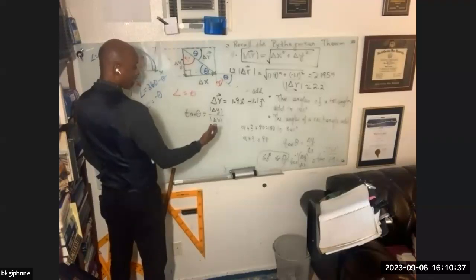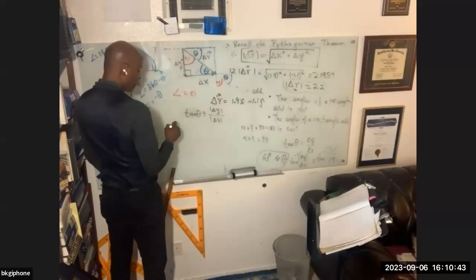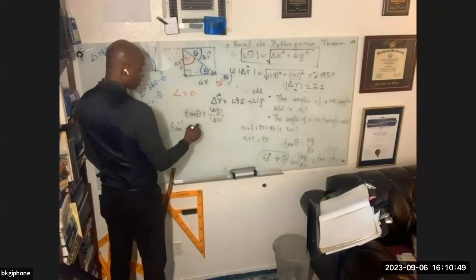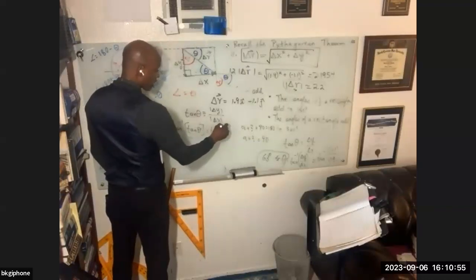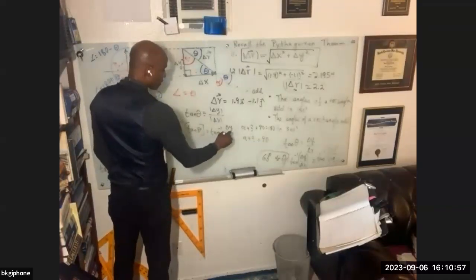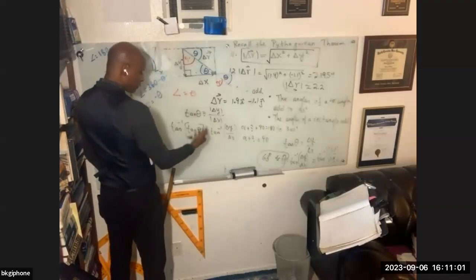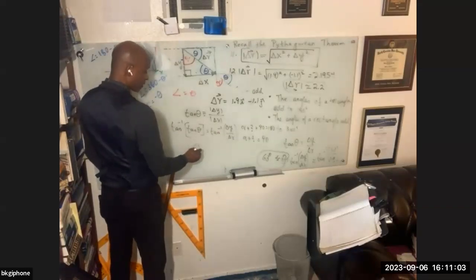So once I solve for theta, that's taking the inverse tangent of both sides. Technically, if you write it all out, it's inverse tangent of tangent, because what you do to one side, you have to do to the other. So you take an inverse tangent of delta y over delta x. The inverse tangent of tangent brings out the argument. So that's how you get theta.